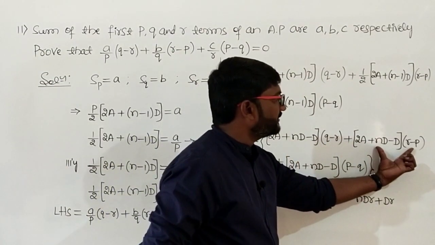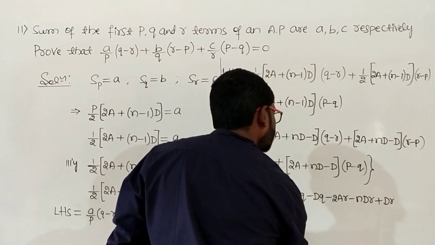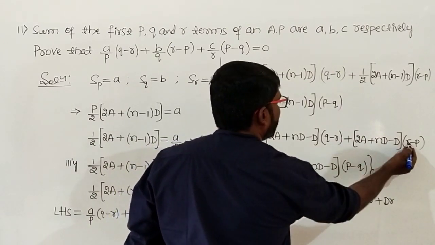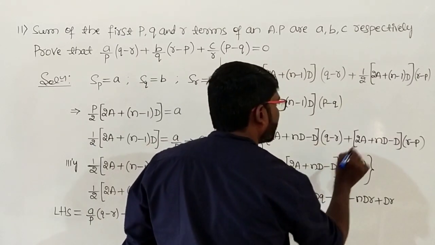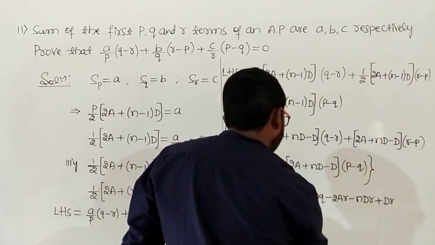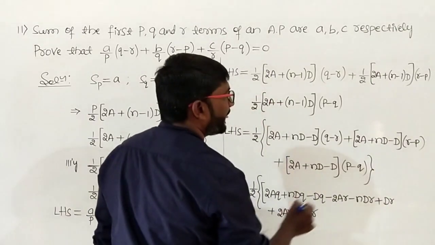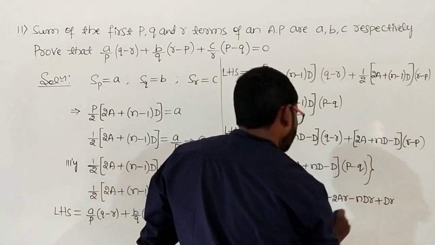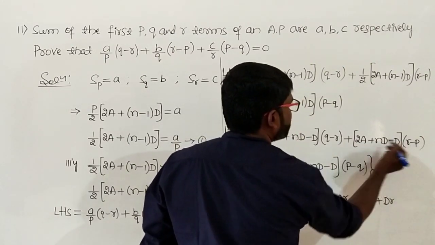Next we have to multiply these two terms. So now plus, see here, r with these two, you get 2ar, and then ndr plus ndr, and then minus dr. Next we have to multiply minus p with all the three terms.